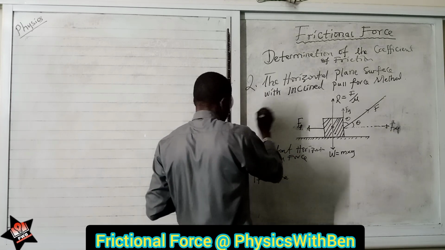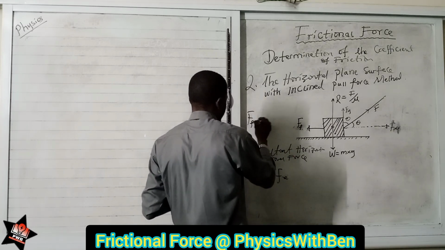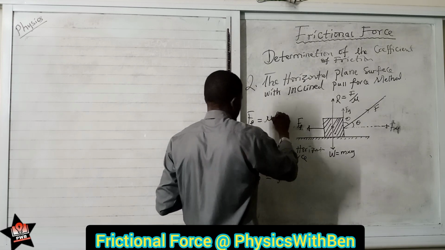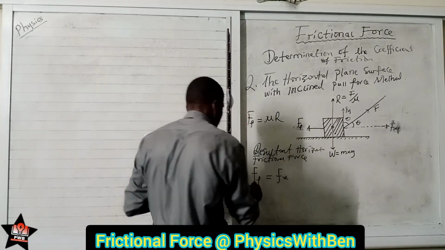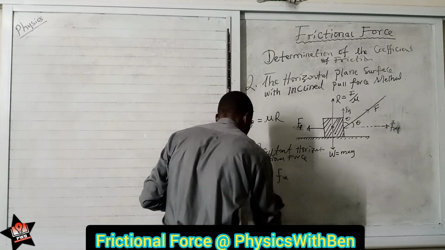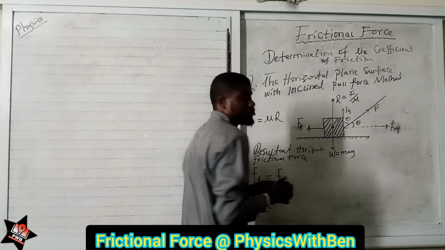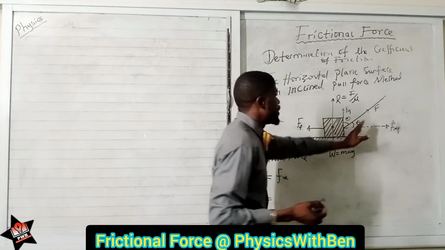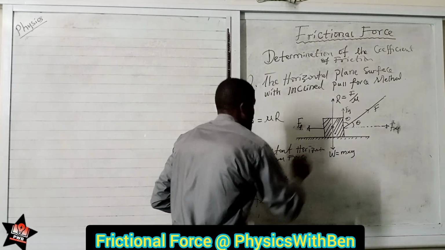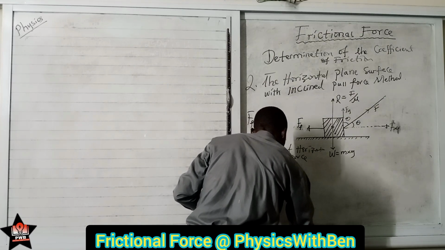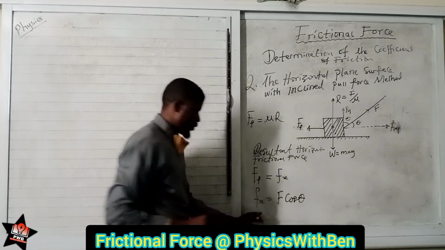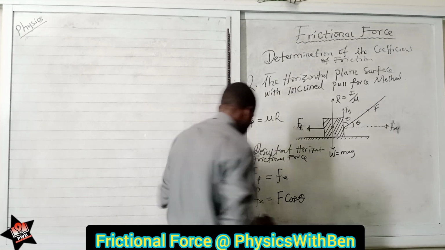Knowing that our frictional force is equal to mu R, that's established. So our Fx, the forces in the horizontal, is given to be what? F cos theta. Good.